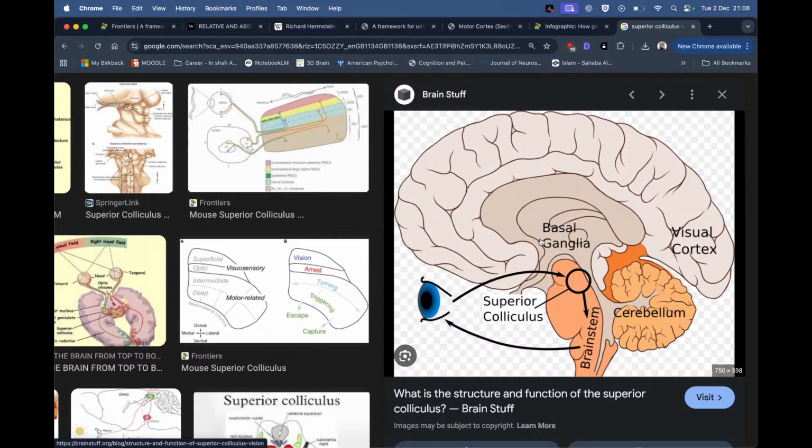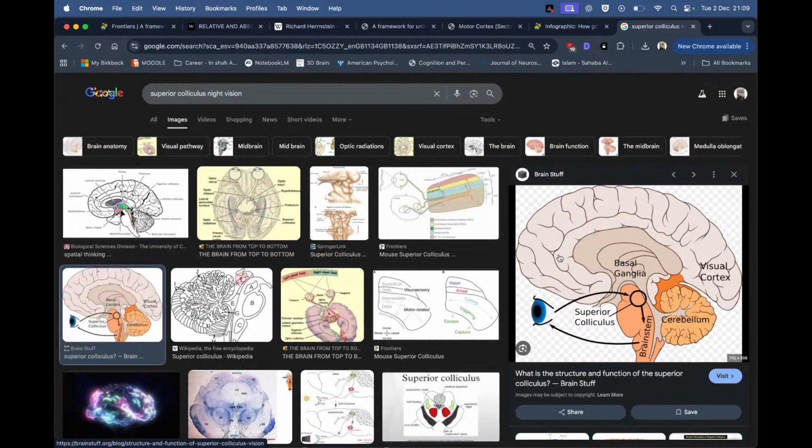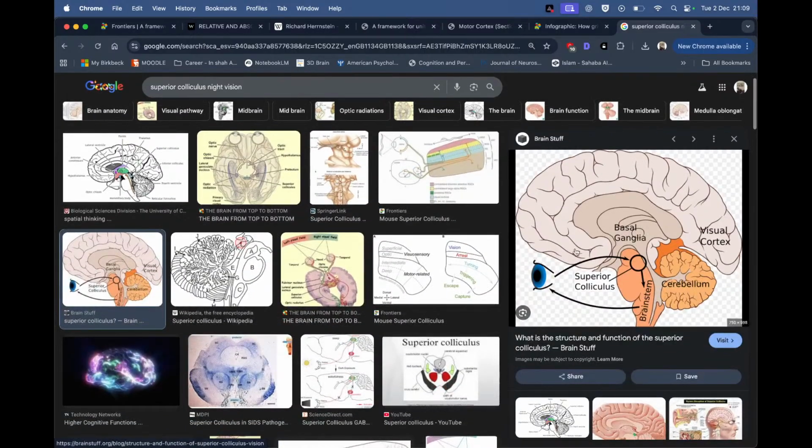And look how close the decision making and wakefulness is to the visual cortex right here. The cerebellum also plays a role, mind you, in decision making and motion, but for now this is just something I wanted to mention here. Quite fascinating.